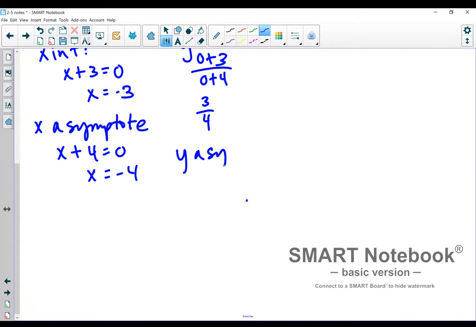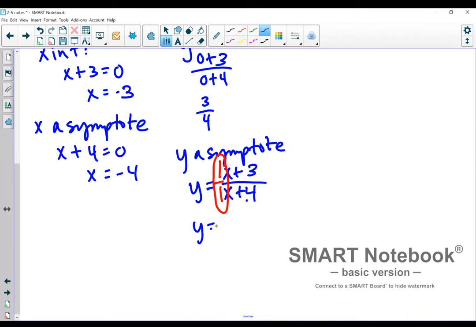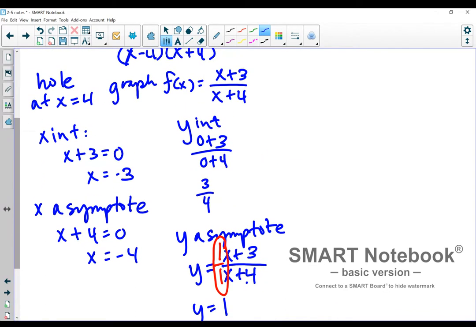I know that I have the same degree on the top and bottom. My numerator is x plus 3, my denominator is x plus 4. They are both linear, both x to the first power. So I need to take those leading coefficients and make a fraction out of them. So 1 divided by 1, and so y equals 1 divided by 1, which is just 1. So our horizontal asymptote is y equals 1.